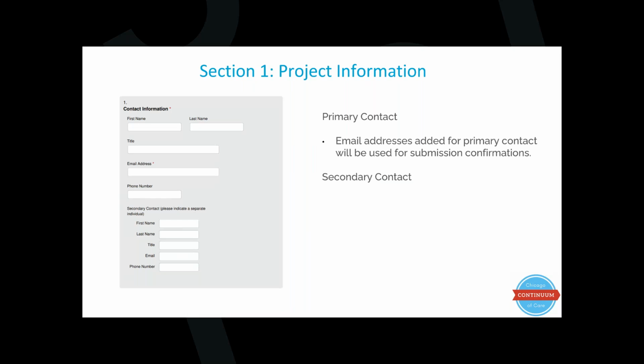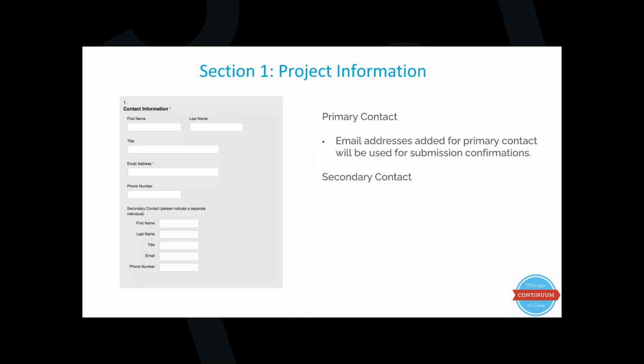Once you do that, you'll be able to see the contact information question right underneath it. The contact information question is really important because this is the information we'll use if we need to get in contact with someone about anything that was submitted on the survey. So if we had concerns about the utilization that was added, this is the person we're going to reach out to.